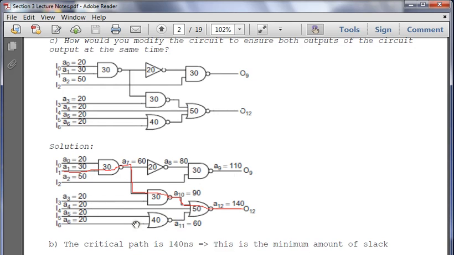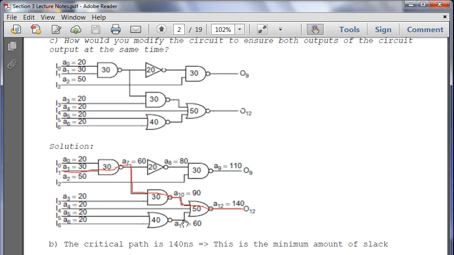At this node, 20 and 20 happen to be the same, so you just add 20 to 40 and you get 60. So the two inputs to this NOR gate are 90 and 60. You compare the two inputs, you see 90 is the biggest one. 90 and 50 becomes 140. So our two output times are 140 and 110.